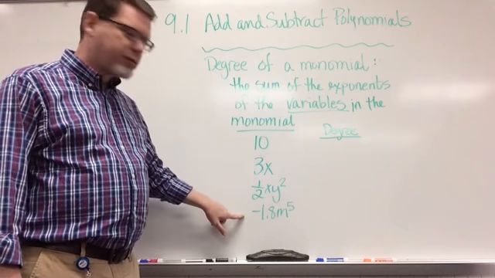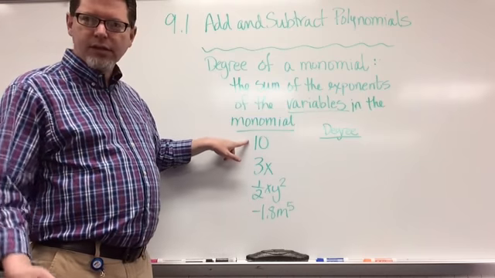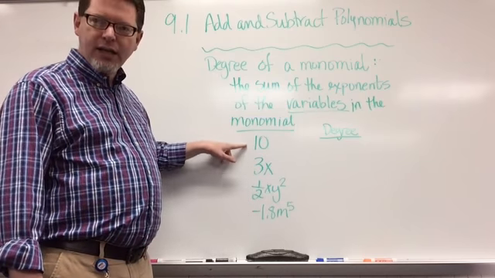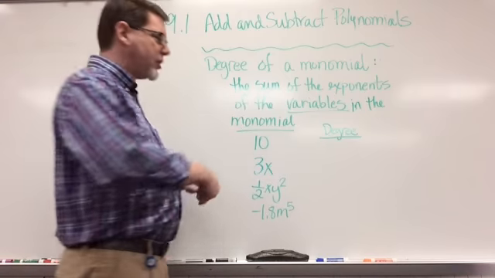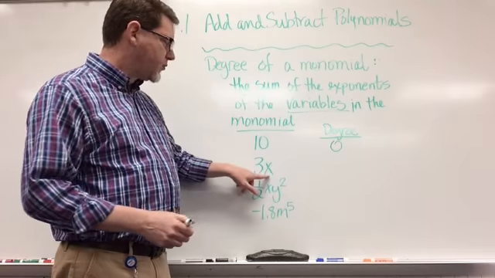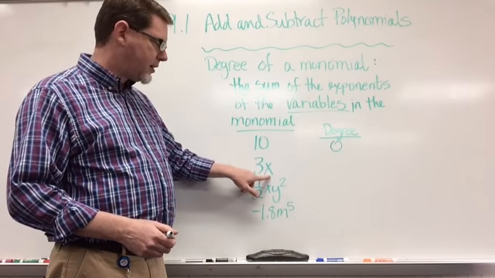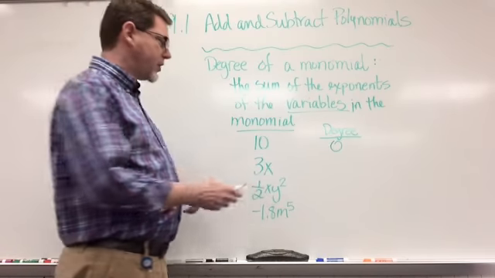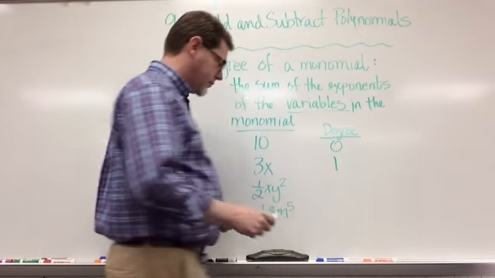So I have some monomials right here. 10 is a monomial because it's a number, and it does not have any variables, so the degree is 0. Now let's look at 3x. What is the exponent of the x? It's 1, so the degree would be 1.